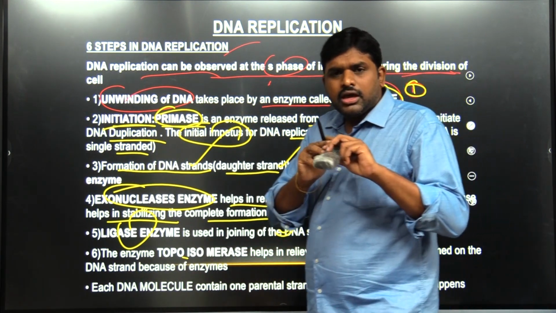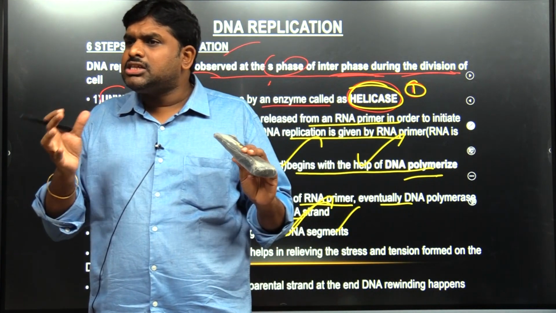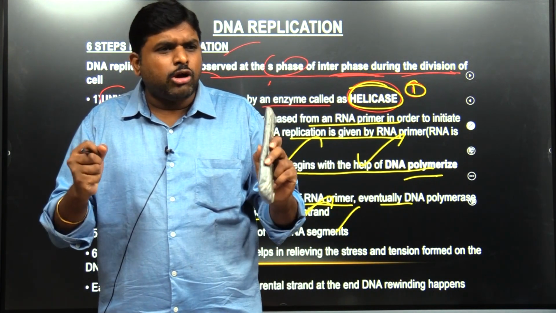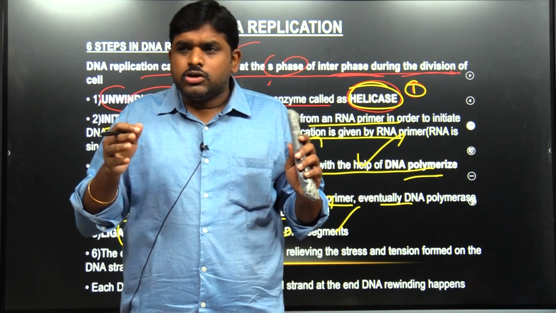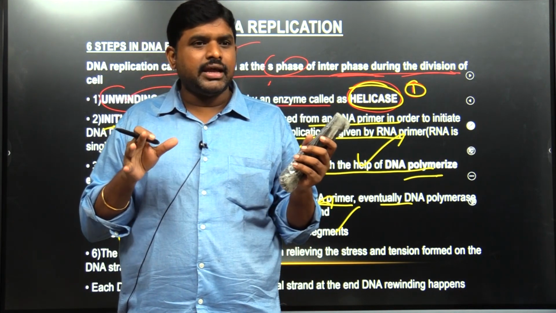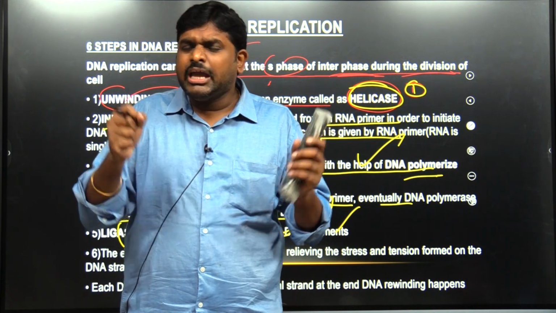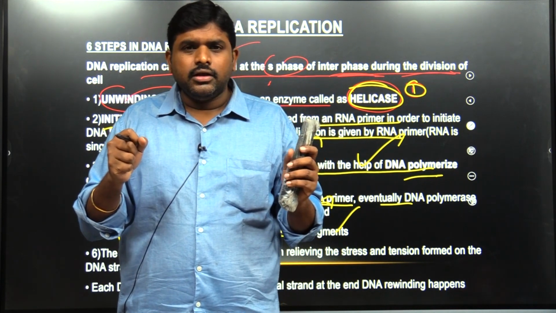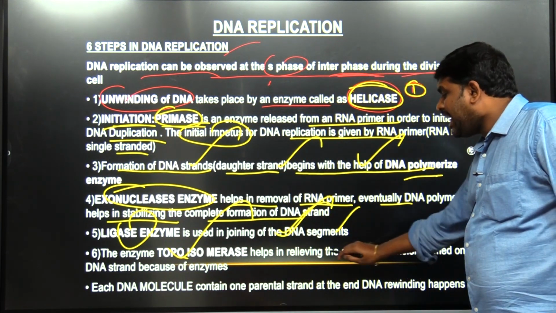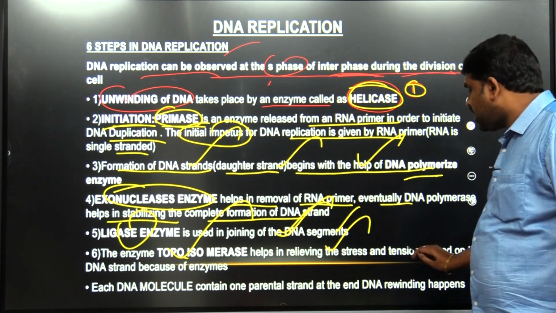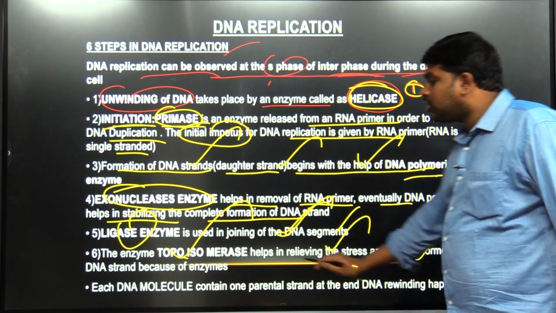Now, see how many enzymes? Enzymes are catalysts. They produce a lot of side effects. Why? Because these are externally coming, so obviously the DNA will become volatile. There will be high pressure on DNA. The enzyme topoisomerase helps in relieving the stress and tension formed on the DNA strand.